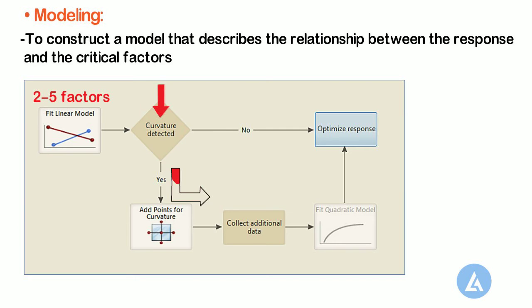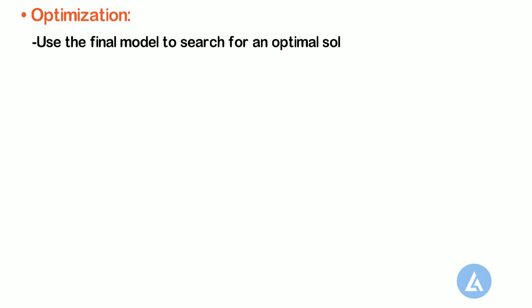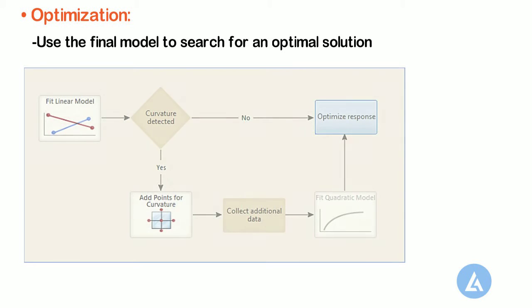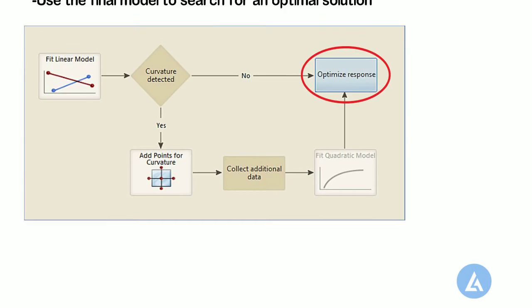If curvature is detected, then we will add experimental trials that will allow you to fit a quadratic model. And optimization. Use the final model to search for an optimal solution. In optimization, you can identify the optimal settings for each factor, if that is important for your process.